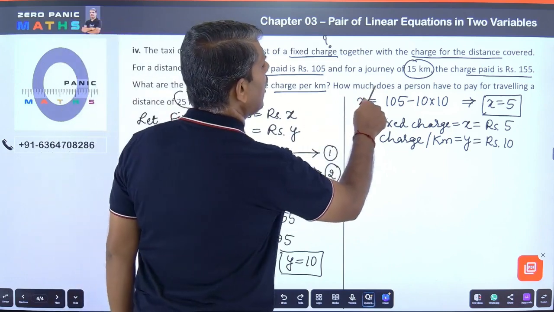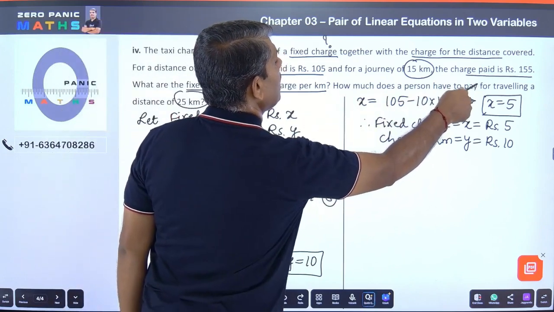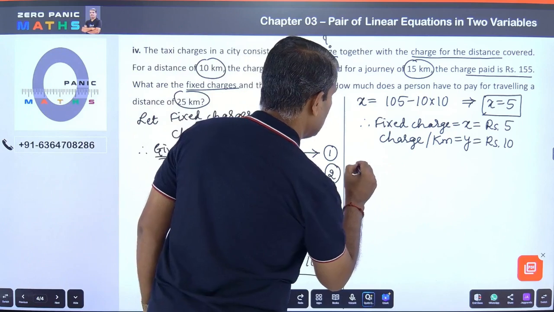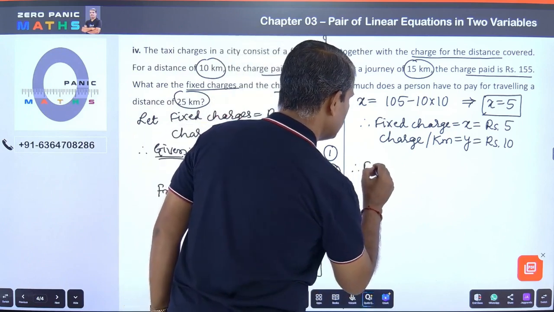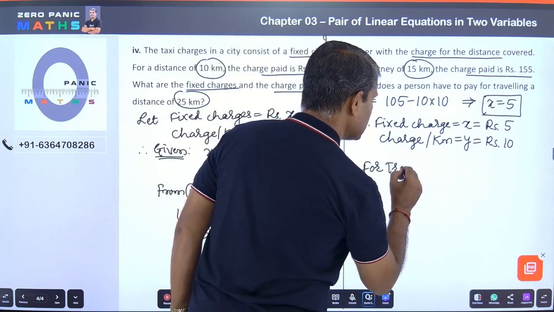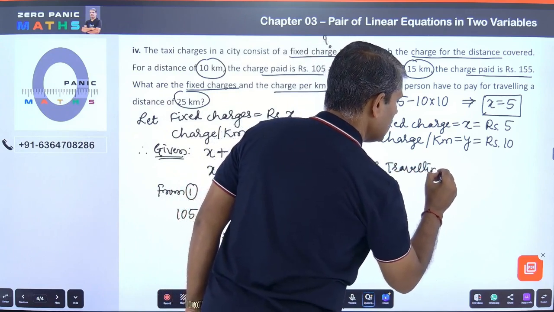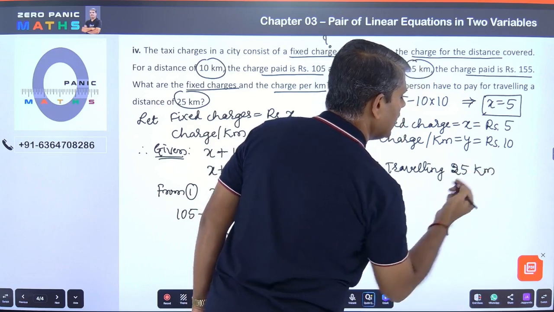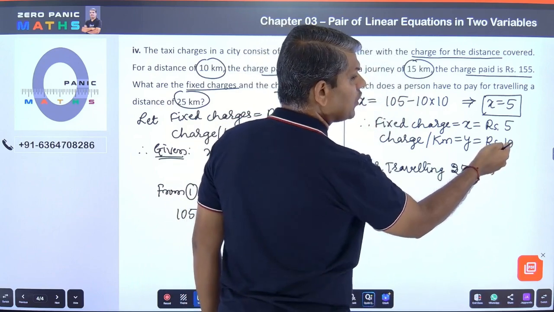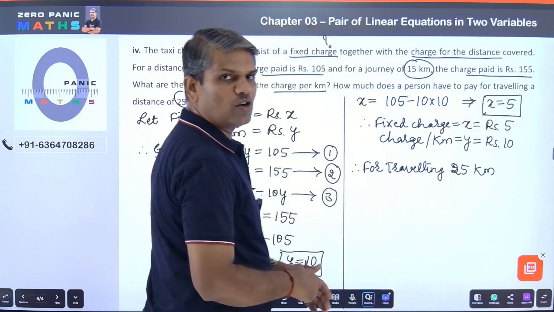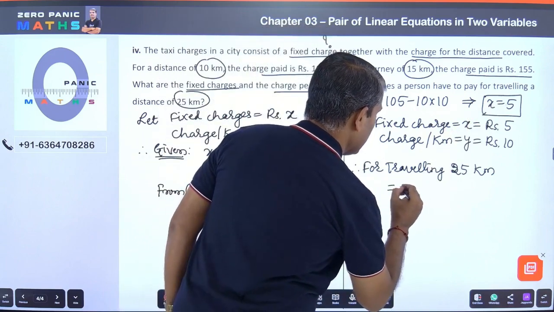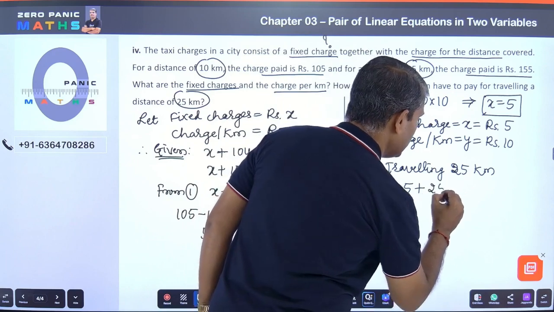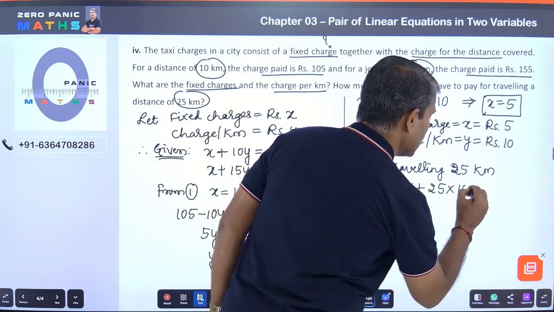What is the second part? How much does a person have to pay for traveling a distance of 25 kilometer? So for traveling 25 kilometer, it is fixed charge plus 25 into charge per kilometer, that is 10.